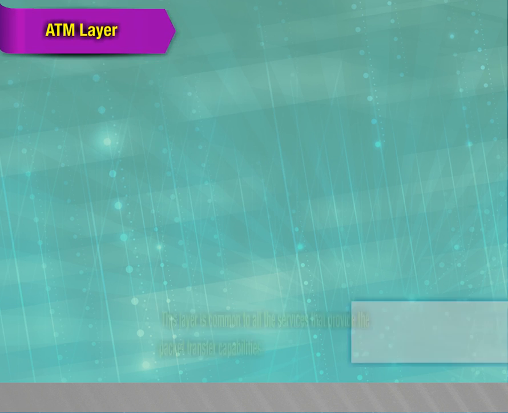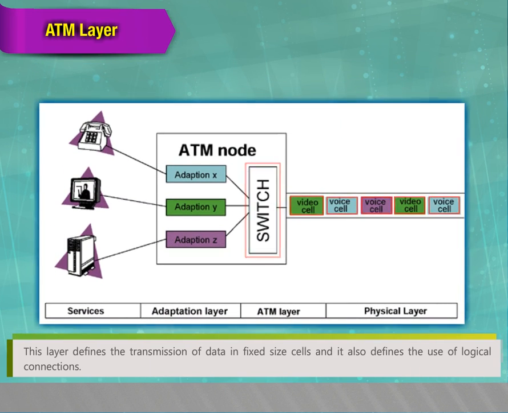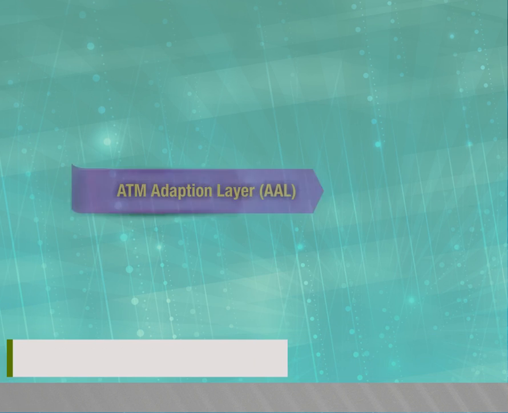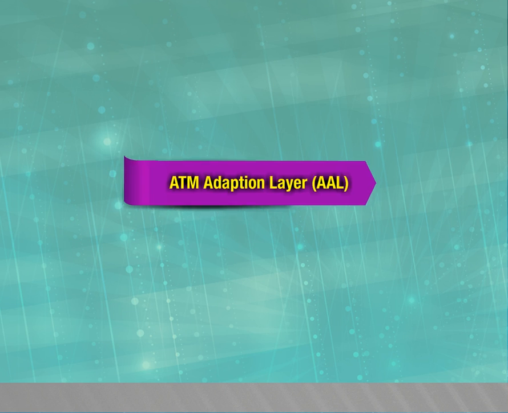ATM layer. This layer is common to all the services that provide the packet transfer capabilities. This layer defines the transmission of data in fixed-size cells, and it also defines the use of logical connections. ATM adaptation layer, AAL.